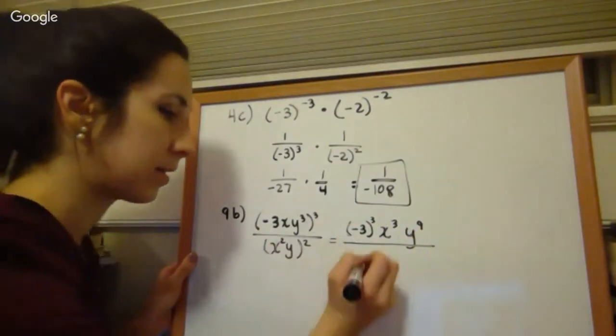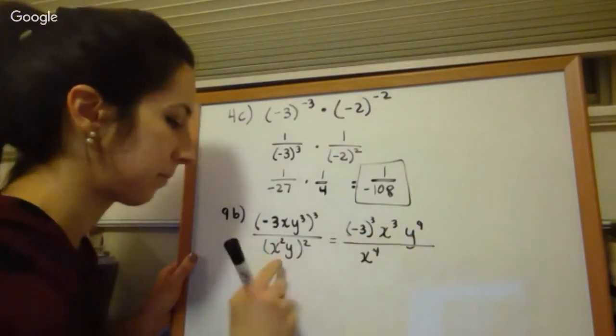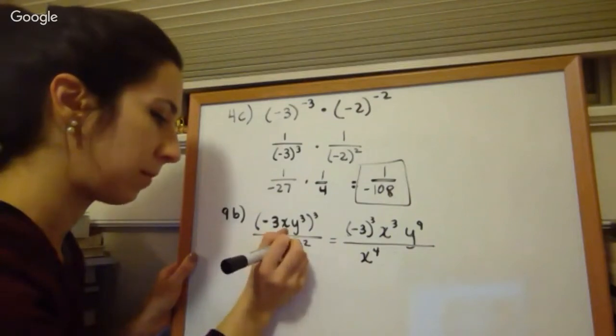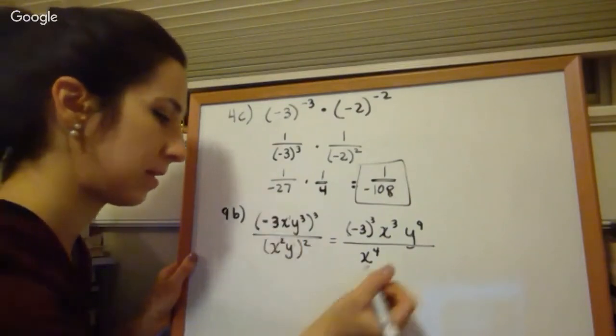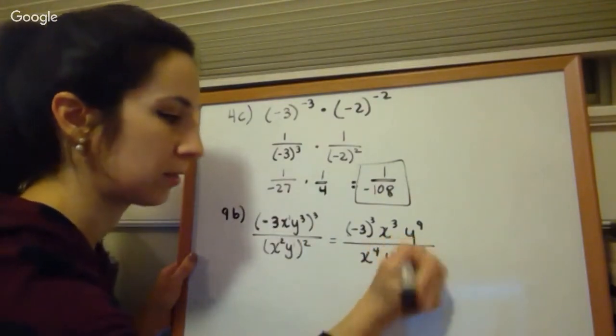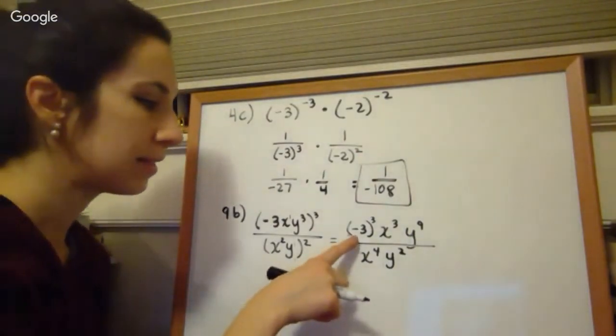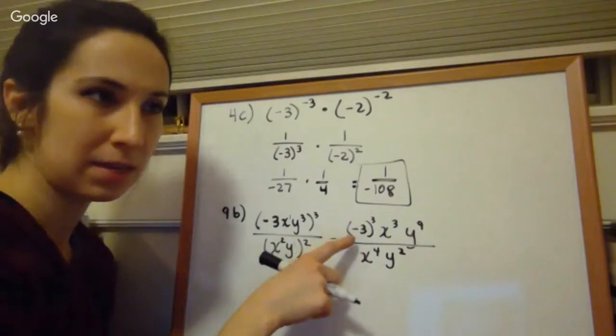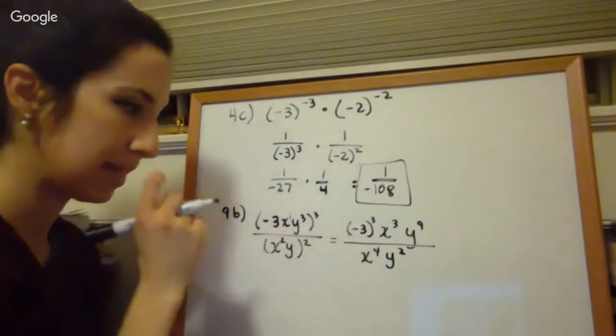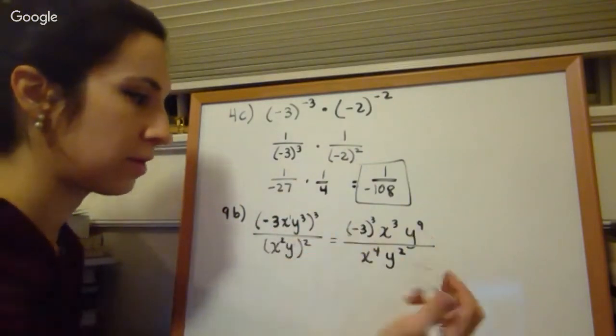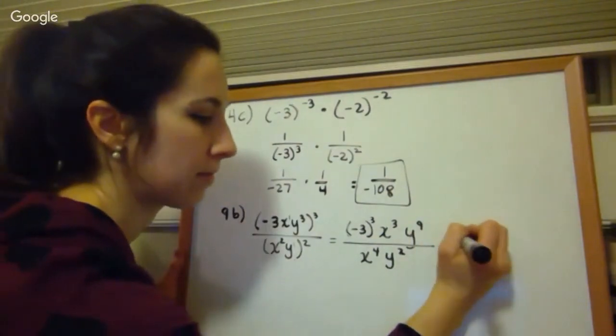Then x squared gets squared, we multiply. And then there's a power of 1 here. When you don't see anything, it's a 1. So that's y squared. All right, this is a negative number. Just because it's a negative number, it doesn't move position. It stays there, okay? Negative 3 cubed is negative 27.